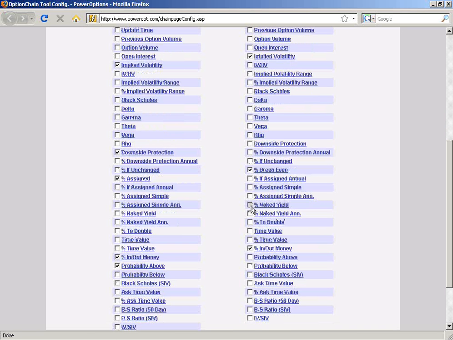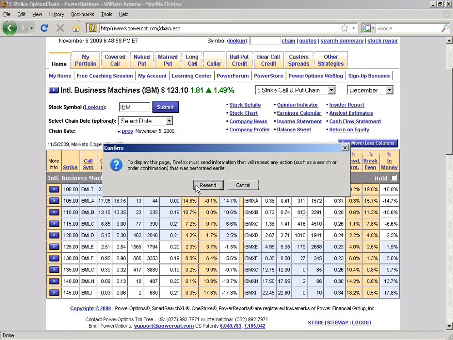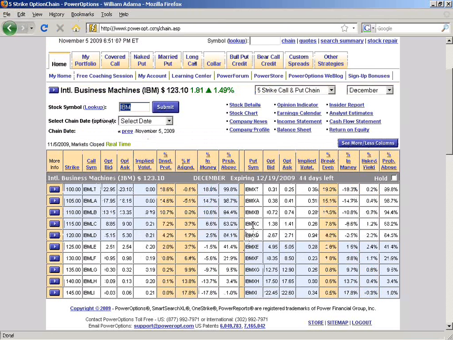And the really important one is that percent naked yield. And I, of course, am also going to look at the probability above. They're going to be the same, we know that, but I'm going to go ahead and do that anyway. Okay, so let's go ahead and click Save and Return. I'm going to close the window, and it's going to refresh the chain for us. It's going to look a little bit more simple, and it's going to help us do the comparisons that we want.